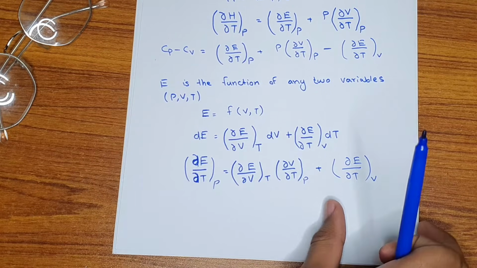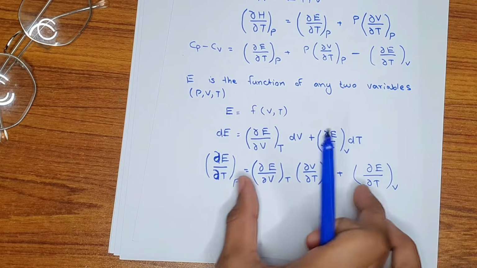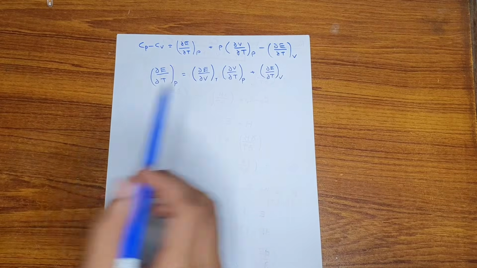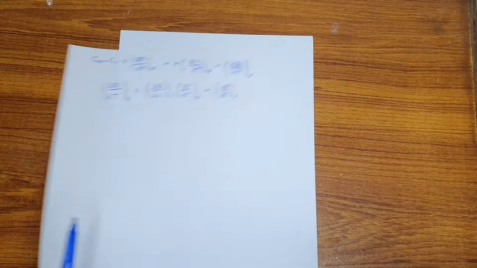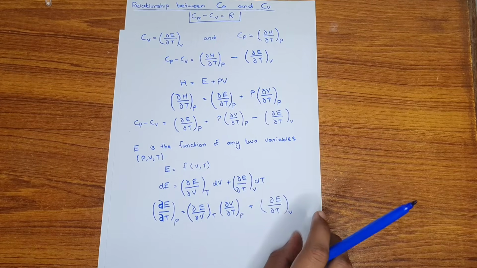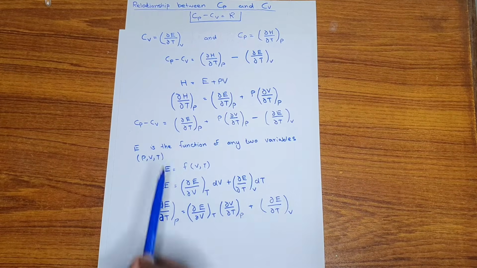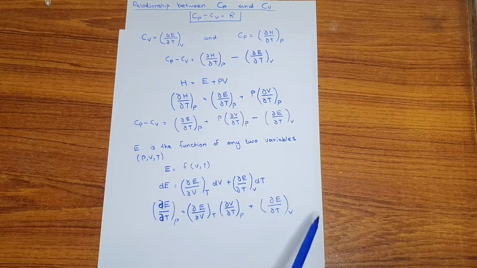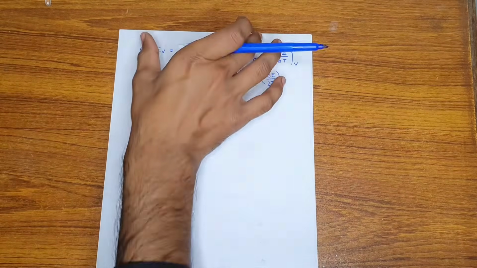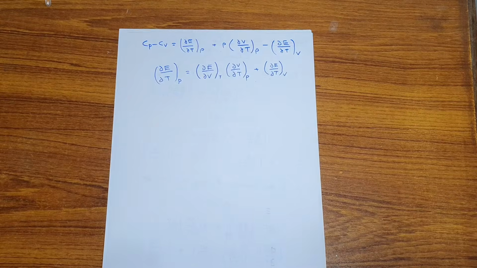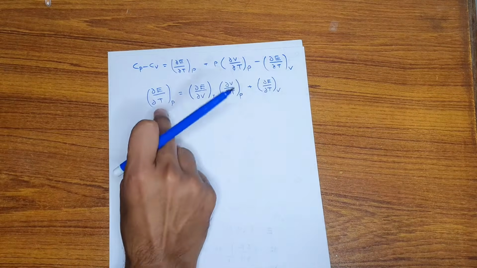Okay, so now I have written both of these equations on the back side of my page, as we have derived the value for Cp minus Cv, and we have derived the value for ∂E/∂T. I have written both of these equations here, because now I am going to plug in the value for this part.